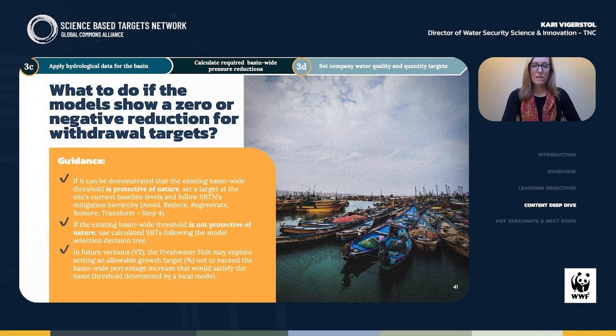If it can be demonstrated that the existing basin-wide threshold is protective of nature, you can set a target at the site's current baseline levels and follow SBTN's mitigation hierarchy. If the existing basin-wide threshold is not protective of nature, you will have to use calculated science-based targets following the model selection decision tree.